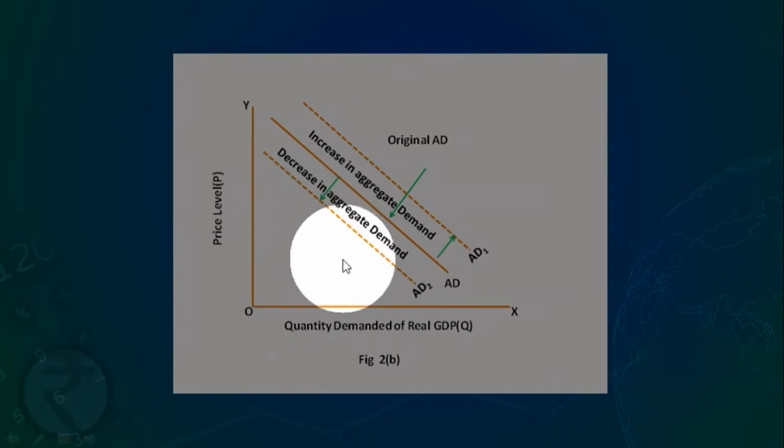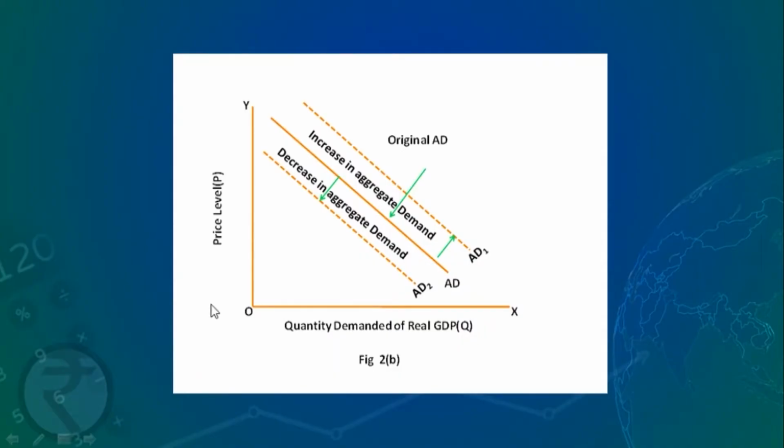So this was about the difference between change in quantity demanded of real GDP and the change in aggregate demand curve. From these two figures, it must have been clear to you that change in quantity demanded of real GDP takes place on the same demand curve, while the change in aggregate demand leads to the shift in aggregate demand curve to the right when there is increase in demand and to the left when there is decrease in aggregate demand.